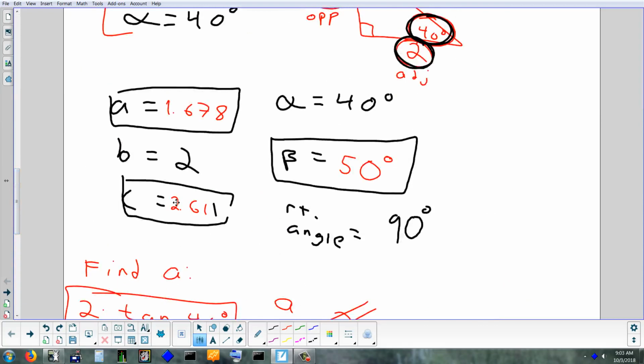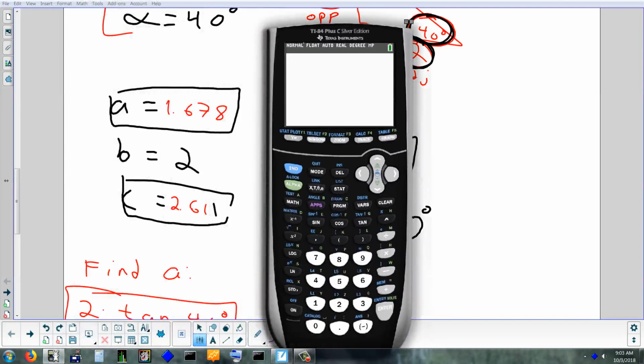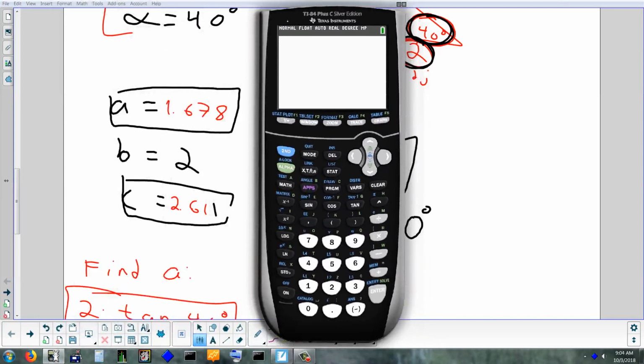Okay. And that's it. That's how you solve it. Now, if you solve it and you're pretty quick and you have enough time, you could check your answer with the Pythagorean Theorem. So if we did everything right, then 1.678 squared plus 2 squared should equal 2.611 squared.